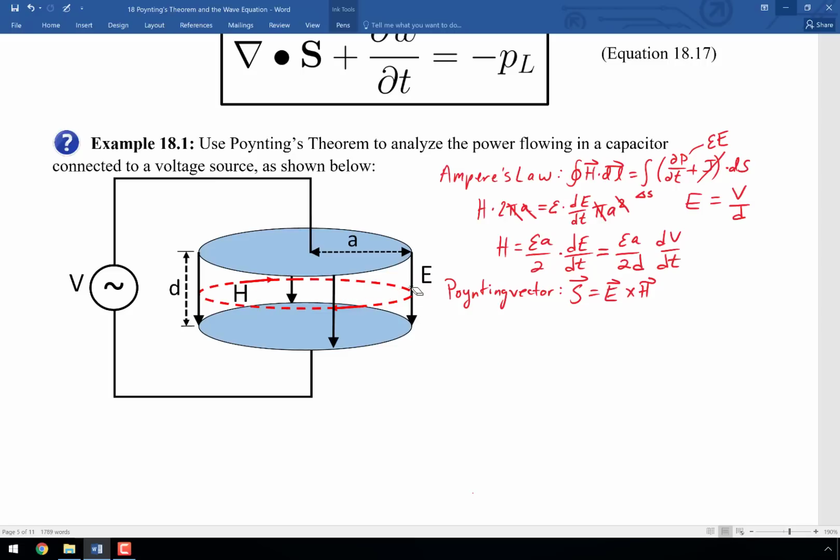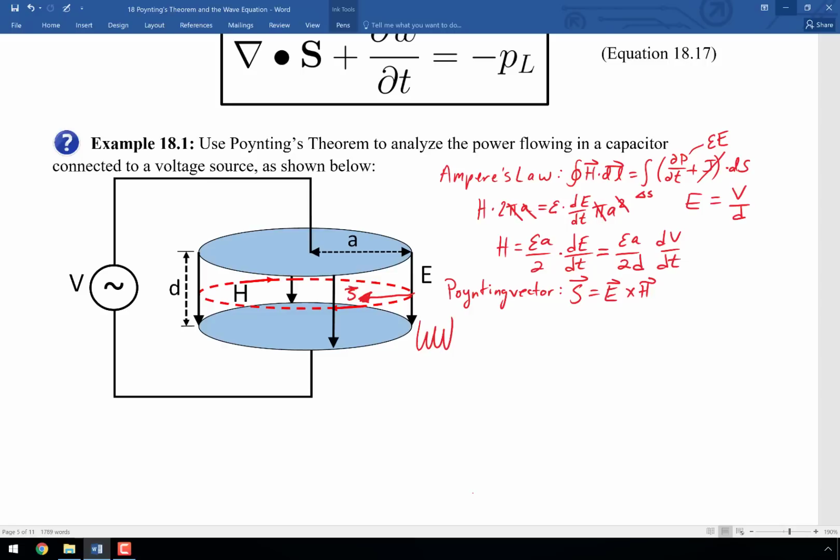I'm going to put my fingers in the direction of the E field, and then I'm going to curve them, and this is really hard to represent. I can't do this without being there to show it to you in person, but if you do the cross product of E cross H, you end up with an S vector that is pointing inward. So S is pointing into the page.